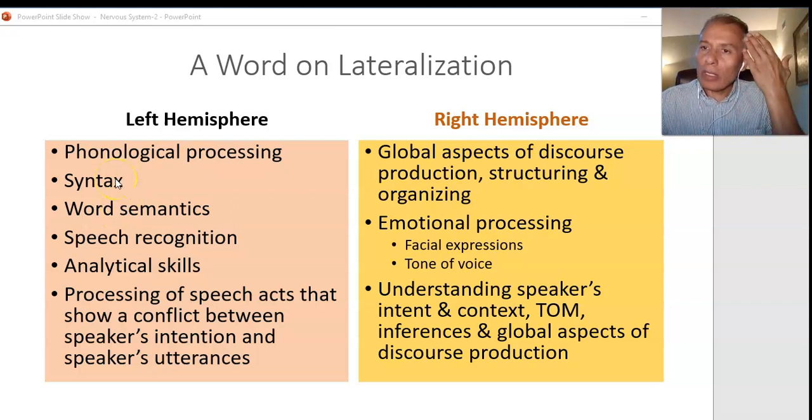All of this is in the left hemisphere. Word semantics, the meaning of individual words, and so on. The grammar: is this word a noun, a verb? How do you make a sentence? All of this is in the left hemisphere. Grammatical rules are in Broca's area. Analytical skills. So you process the commands of speech, or when someone says a sentence, for example.